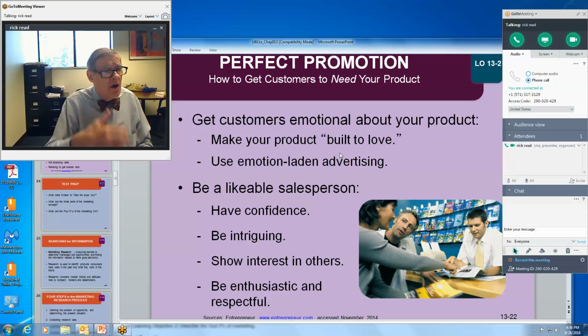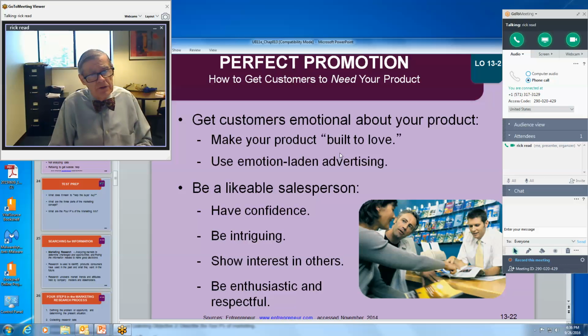This also talks about being a likable salesperson and the things that he or she needs to do to help convey a message and get a person to make a decision to purchase a product. And I think the two bottom ones are probably as important or more important than the others.